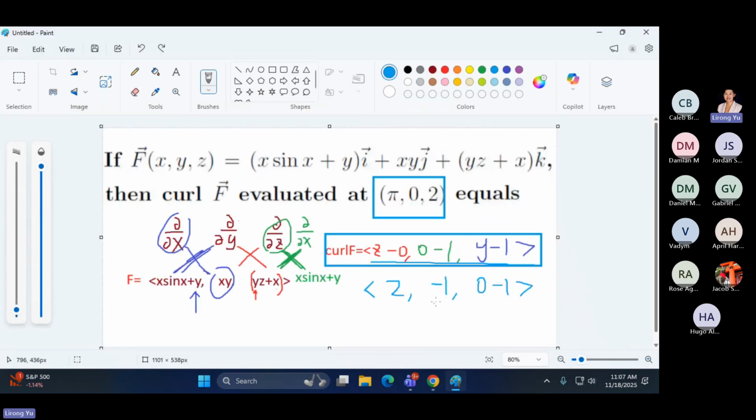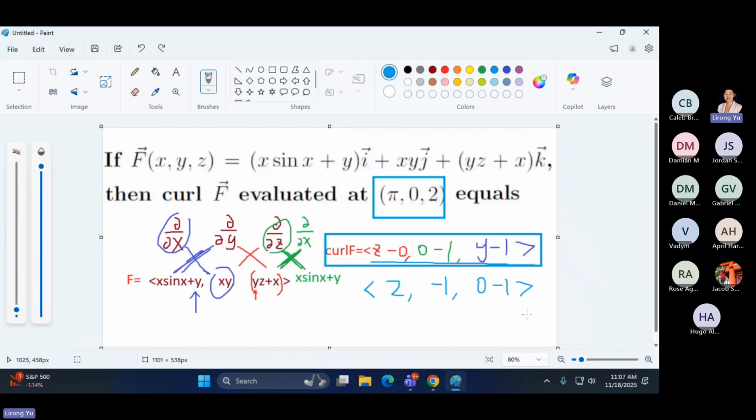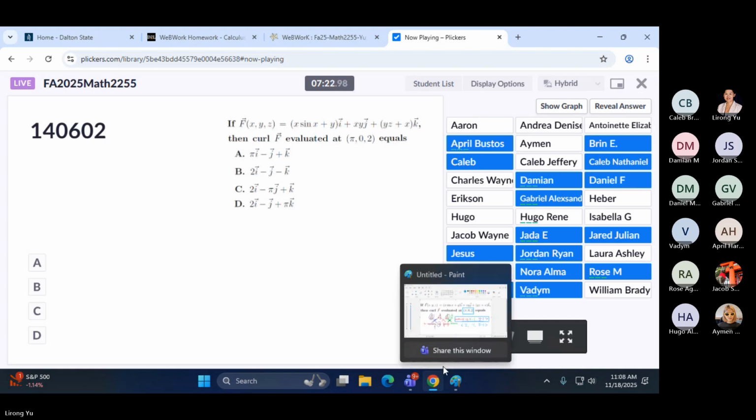It's 2i - j - k, so it's B. We use i, j, k to identify the three directions. In the x direction, we multiply with the i vector. i is a unit vector along the positive x-axis. j is a unit vector along the positive y-axis. k is a unit vector along the z-axis.